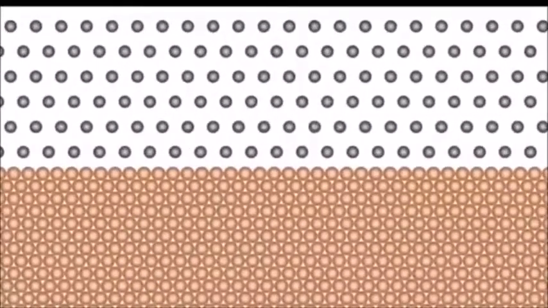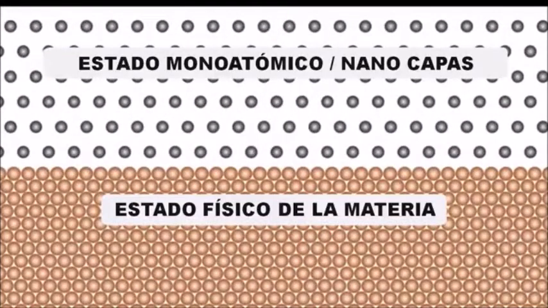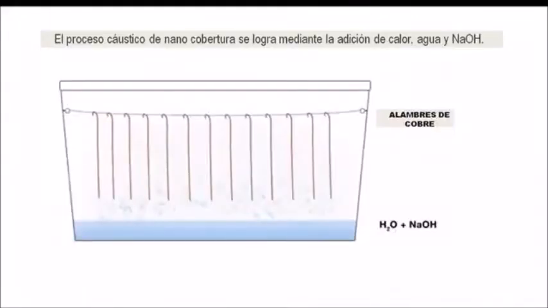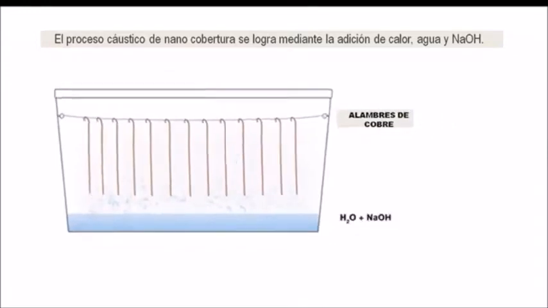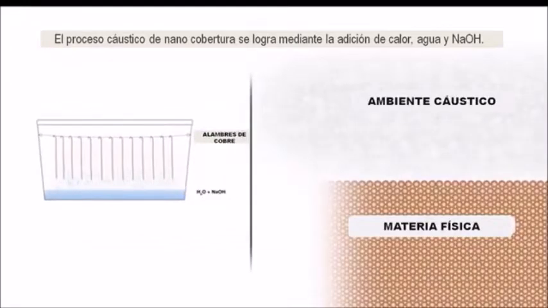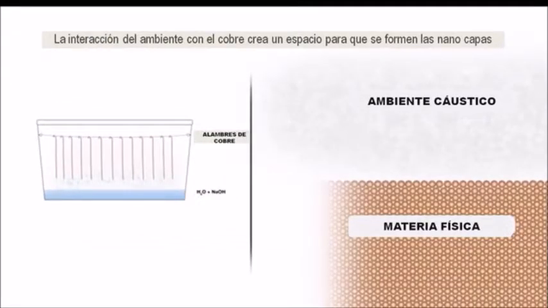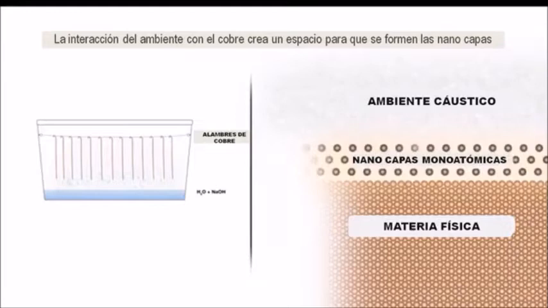You have the matter state there and nano coating of the same matter. Normally caustic soda will make this nano coating on the matter state.